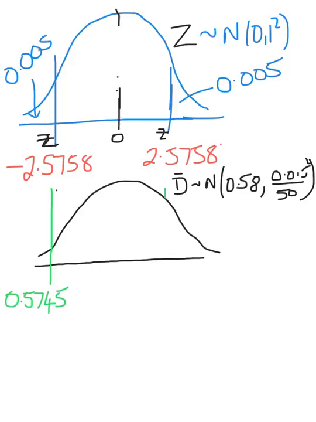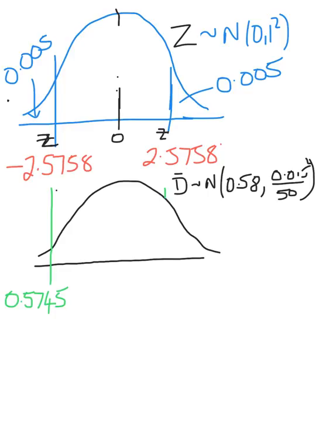So if we just recap here, what I've got is my standard normal Z distribution with a mean of 0, standard deviation of 1. We're doing a two-tailed test at the 1% level, so 0.5% in each tail. My first Z value is minus 2.5758 and the upper tail is 2.5758, so we've got plus and minus 2.5758.